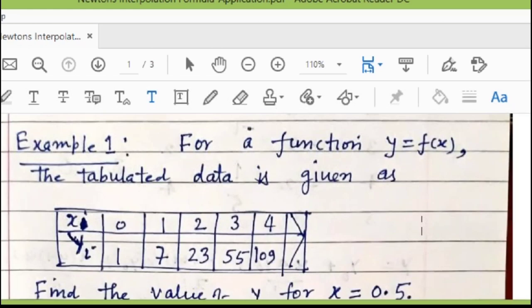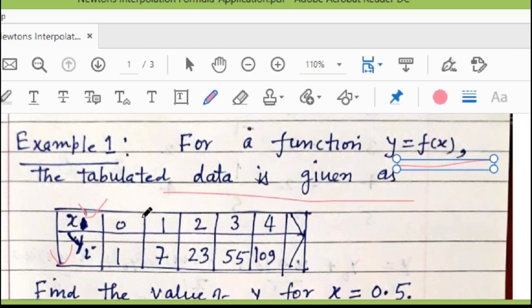Look at this example. For a function y is equal to f(x), which is approximated by the polynomial known as the interpolating polynomial, the tabulated data is given, meaning there are values of xi and values of yi. Xi ranges over 0, 1, 2, 3, 4.